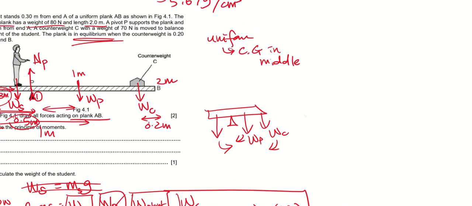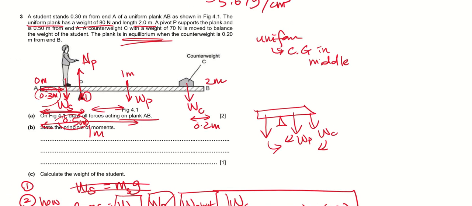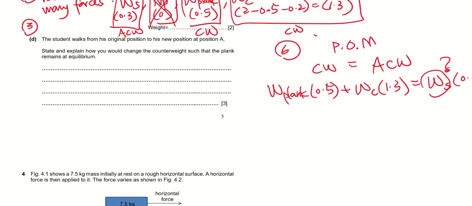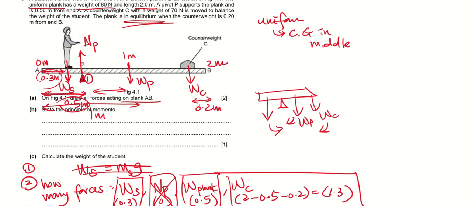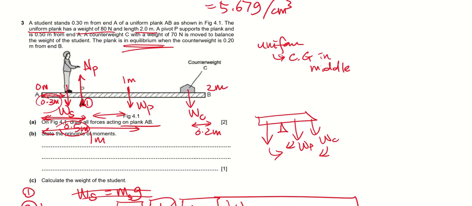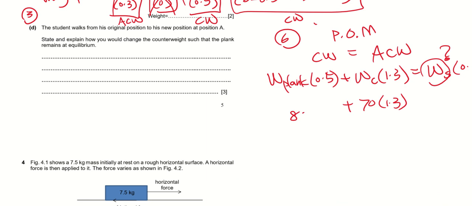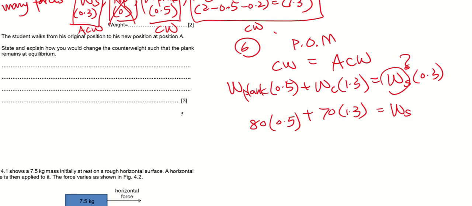Weight of counterweight is actually 70 Newton. You need to get all this information from the question. Weight of the plank is actually 80 Newton, equals to weight of student multiplied by 0.3.